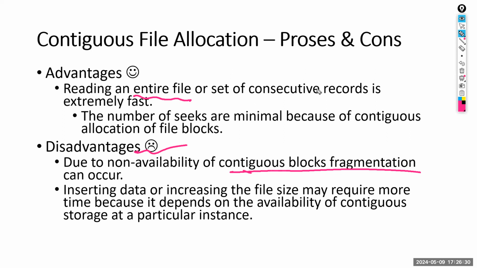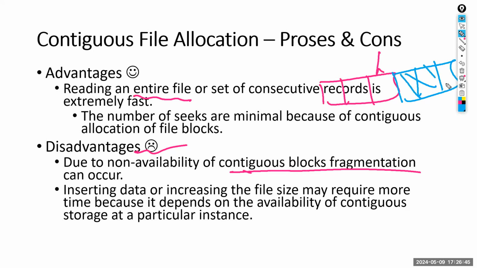And also, when you insert data into a file, sometimes what happens? Say you have allocated 3 blocks and the next block and other things are occupied by another file. Now, when you add more data records here, you don't have contiguous blocks available.